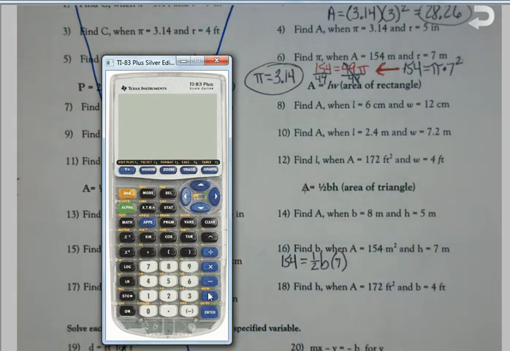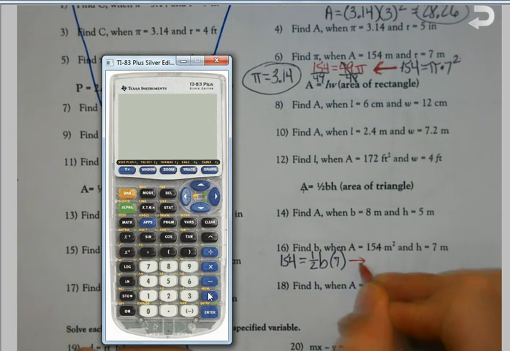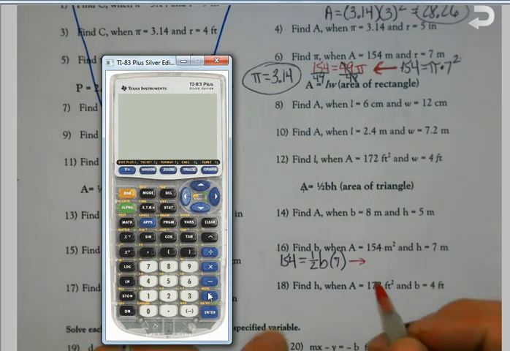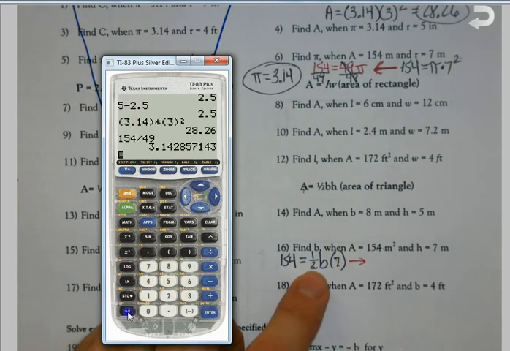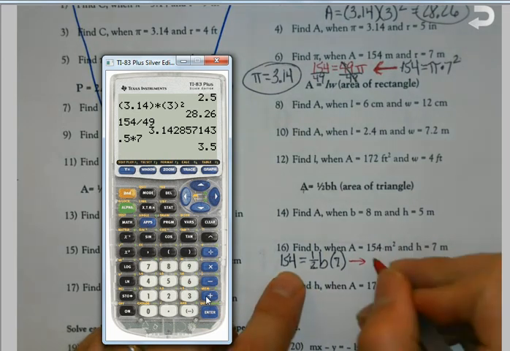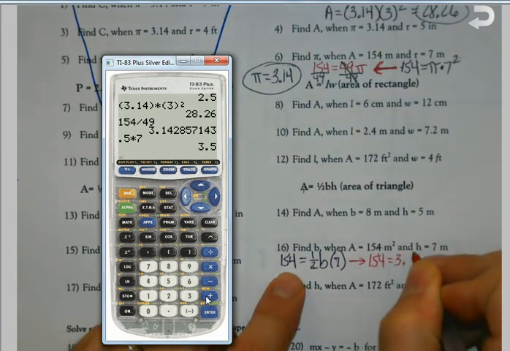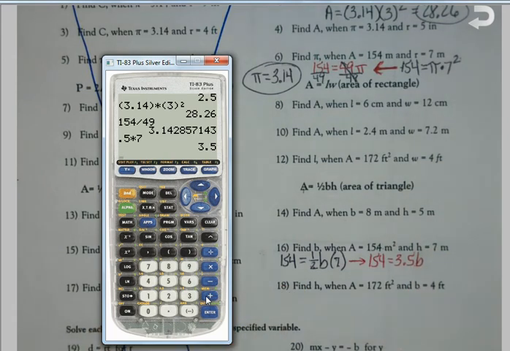So here's what I'm going to do here. Once I've plugged those in, this 1/2 and 7 are being multiplied on this side. So this would be 3.5, and that's just from multiplying the 1/2 and the 7.